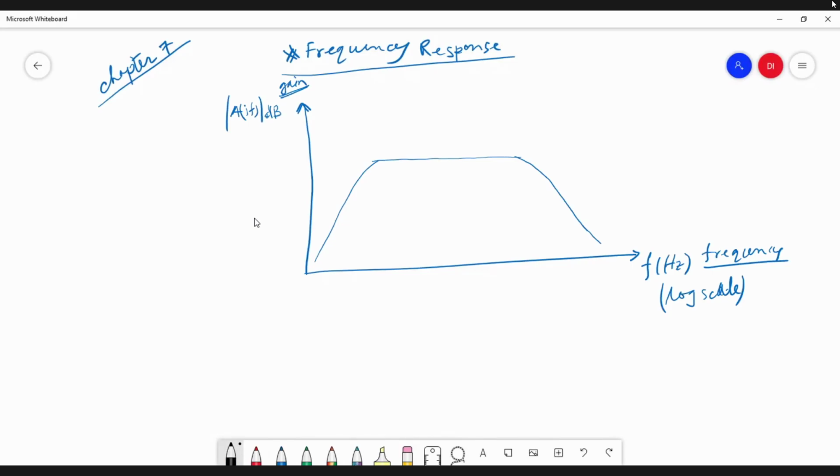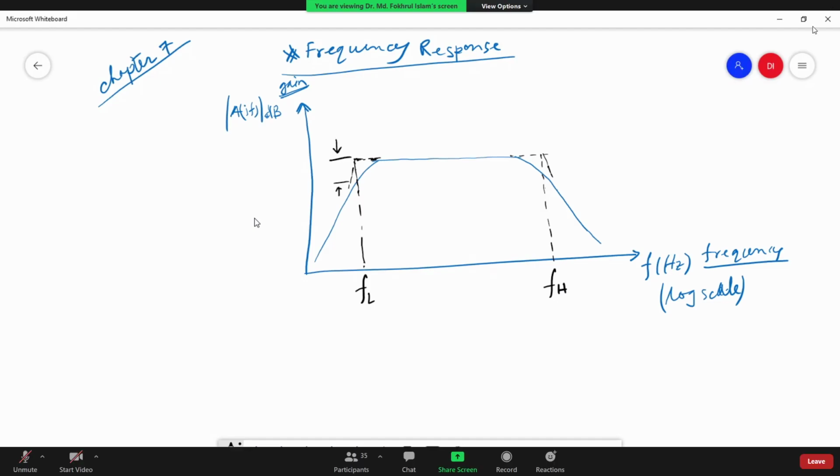This is the low frequency, marked as FL, and this portion is the high frequency, marked as FH. The gap of the flat one is basically called 3 dB.